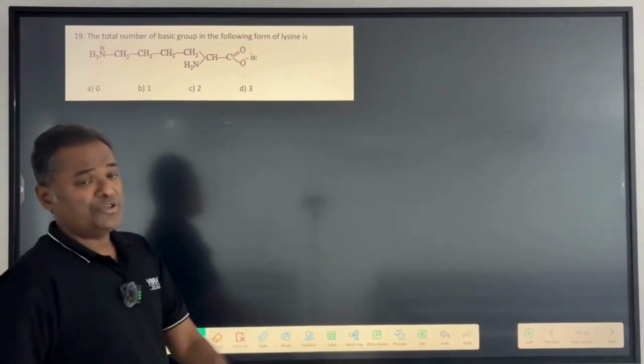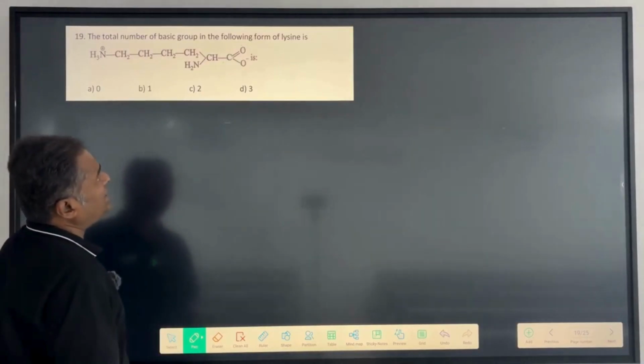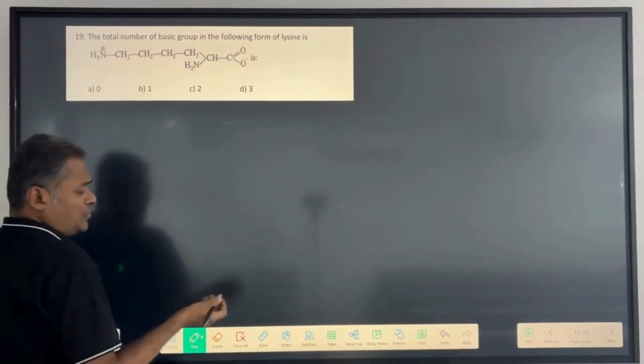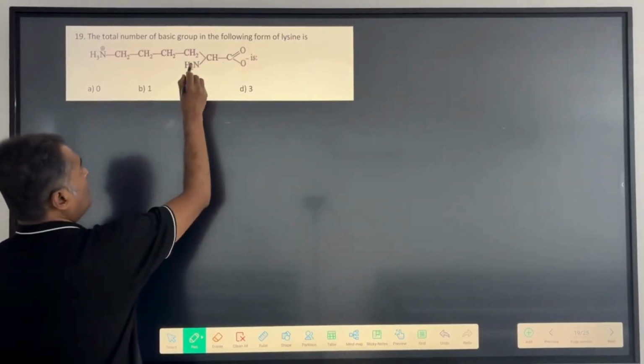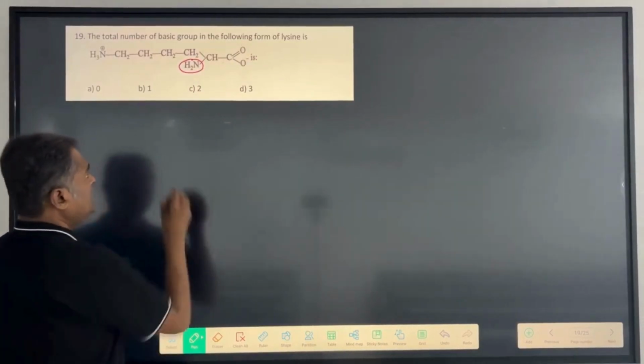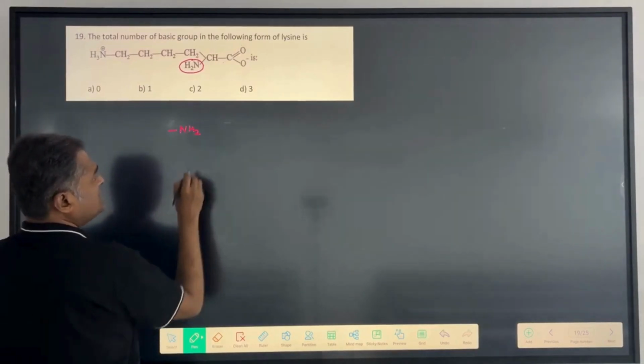Now this question is very simple. They have asked the total number of basic groups in the following form of lysine molecule. First of all, one very common basic group is the amino group, NH2.